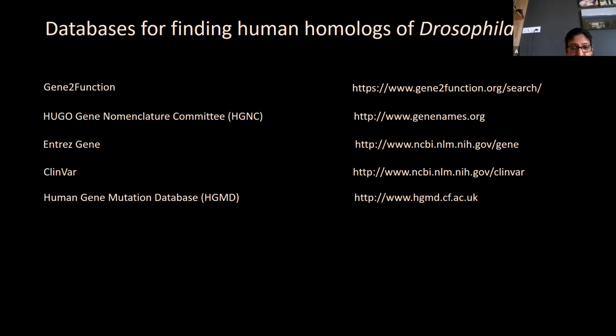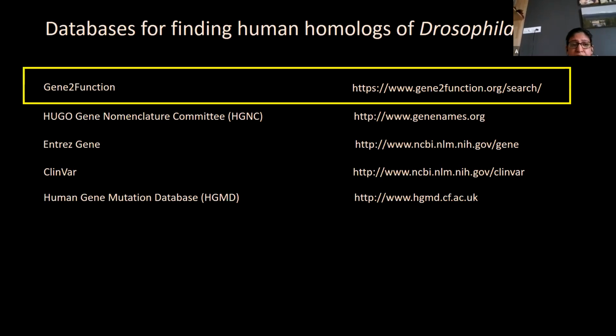I have listed a couple of these here: Gene to Function, HUGO Gene Nomenclature Committee, Entrez Gene, ClinVar, and Human Gene Mutation Database. But there are many more that one can use. I normally go for the first one, Gene to Function, which was developed by Norbert's group. It's a very nice site, very easy to understand, and you can work with it easily.